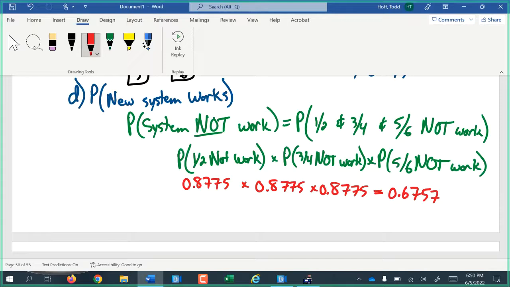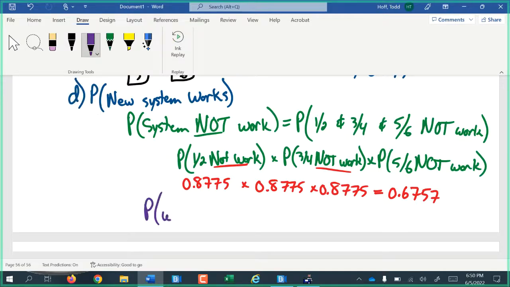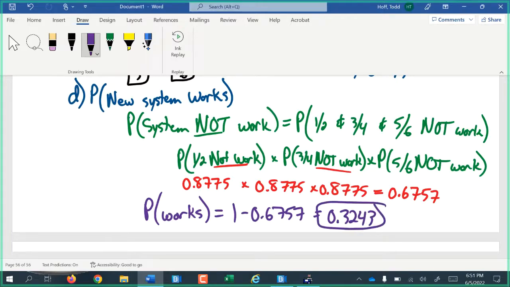That's the probability that it's going to not work. So the probability that it will work is the complement of that again. So 1 minus 0.6757 is going to be 0.3243. That's the new probability that it'll work. Notice how much that increases. And that would be the second part of question D: it definitely increases the probability of working by adding that third branch.